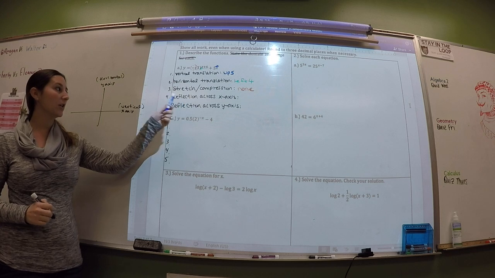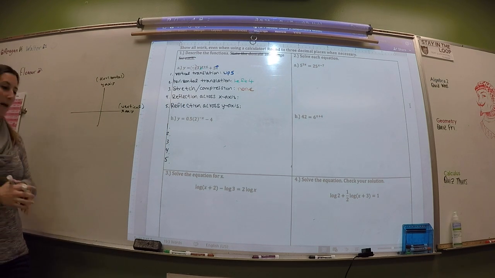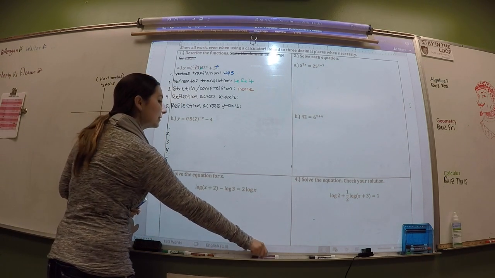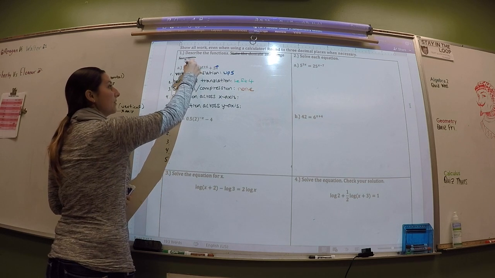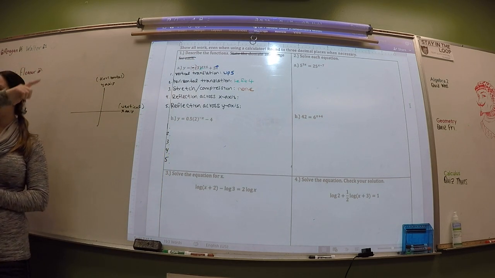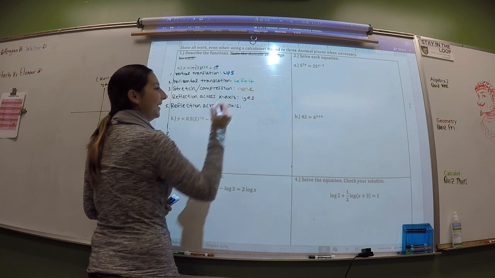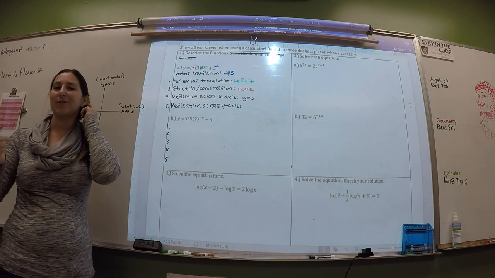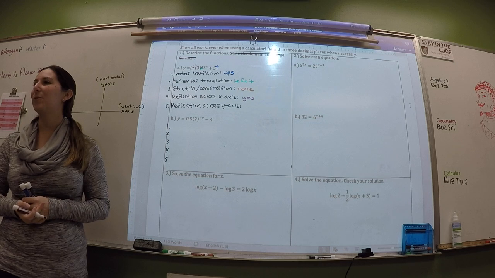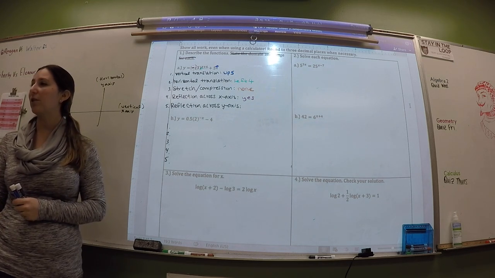So a reflection across the x-axis happens when there's a negative sign in front of everything. So like in this one. So we're just gonna say like yes for that, or just like a check or something, whatever you wanna put. There is a reflection across.